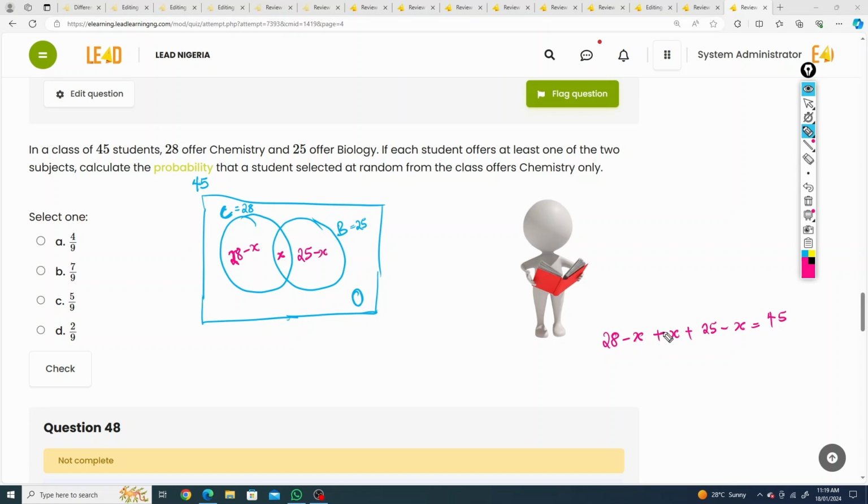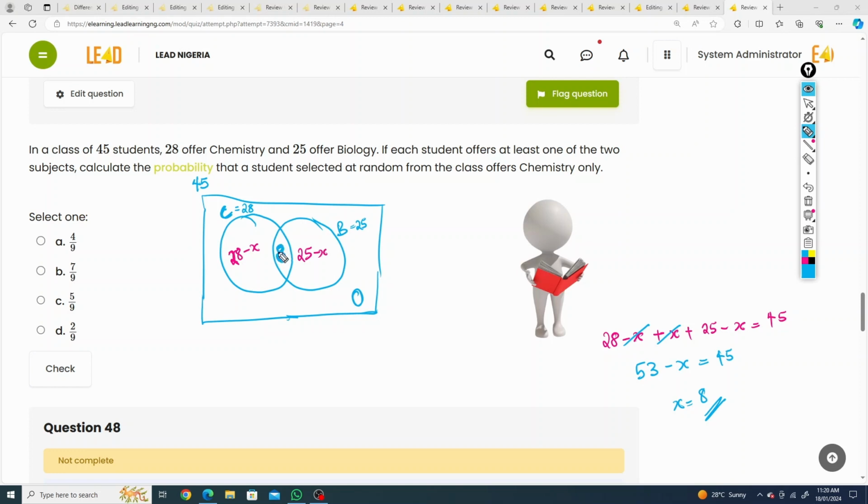So the minus X cancels out plus X, so I would have 53 minus X giving me 45, which means that X would be 53 minus 45. That's going to be 8. X is going to be 8. So this means that 8 people do both subjects.